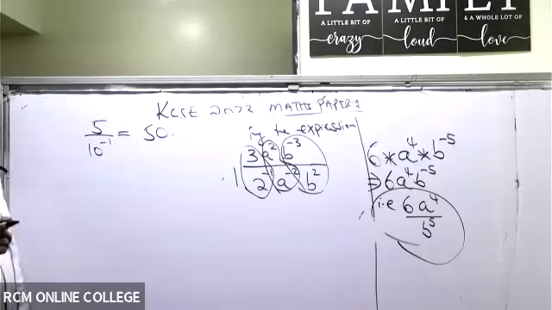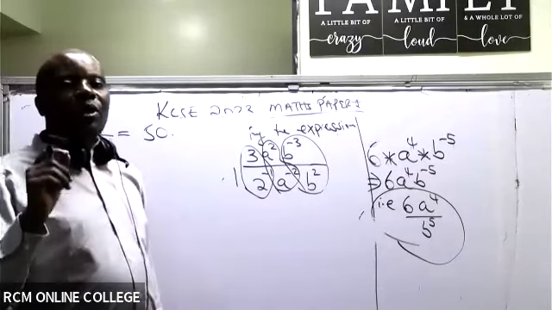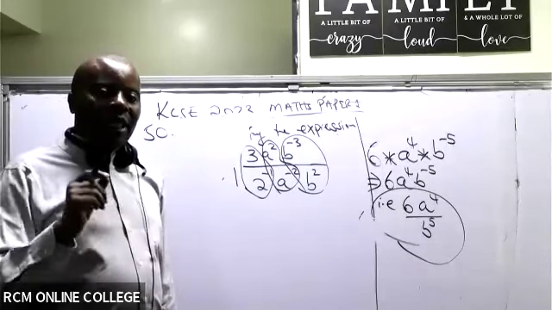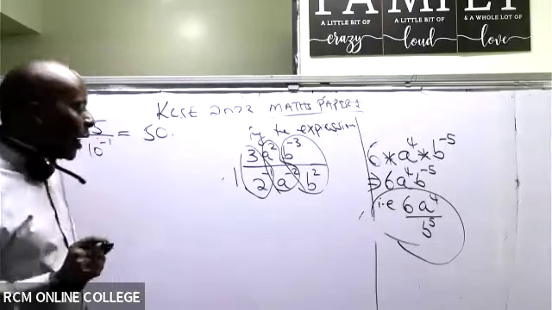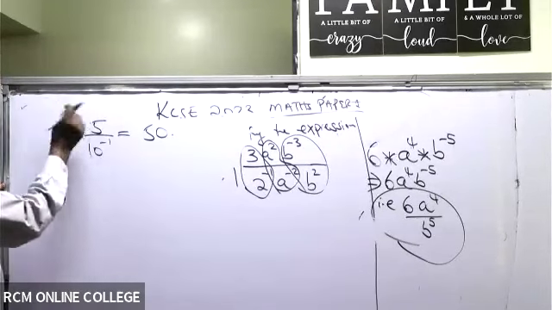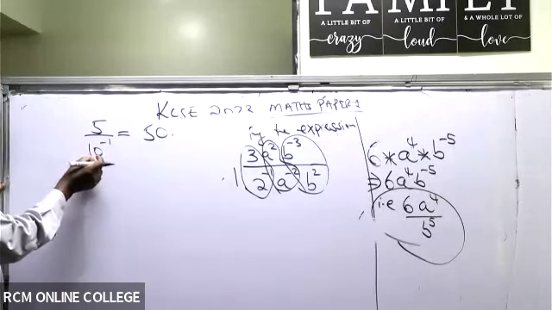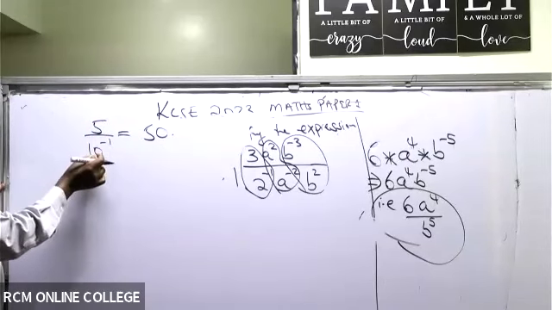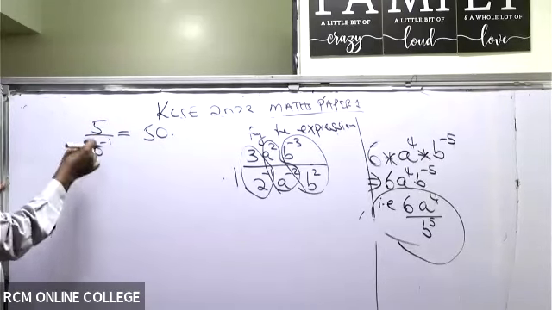But in most cases, the examiner will tell you, don't use your calculator. If he tells me I should not use my calculator, then I will use this concept of changing powers, changing the denominator to numerator. So this 10 raised to minus 1, I can take it up.